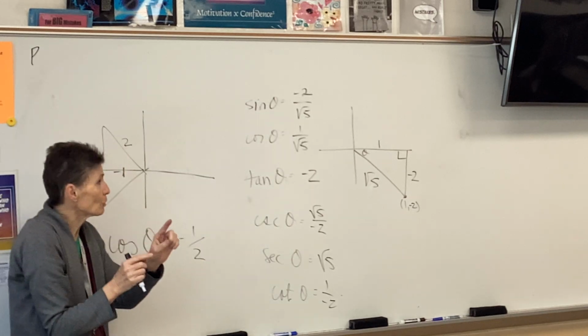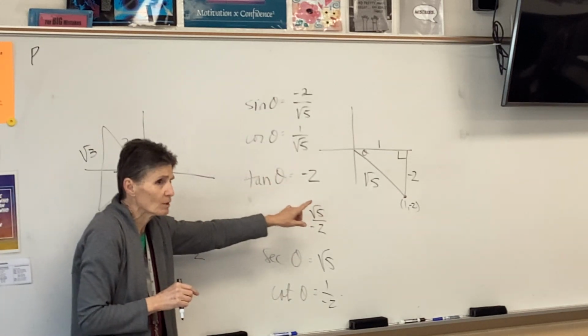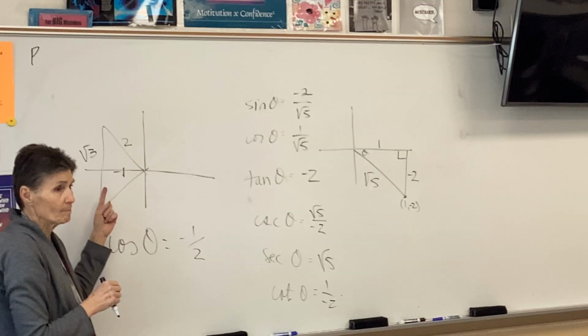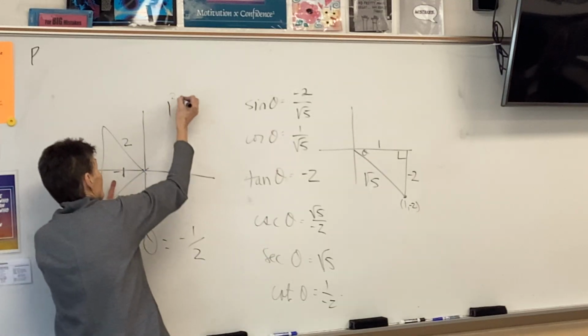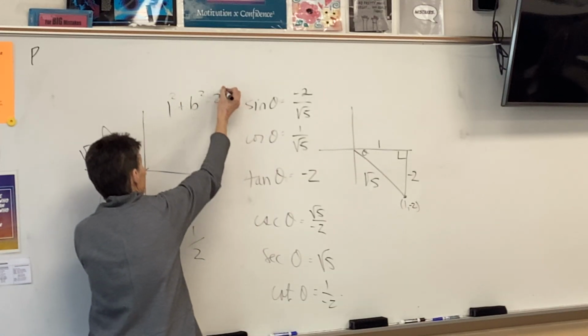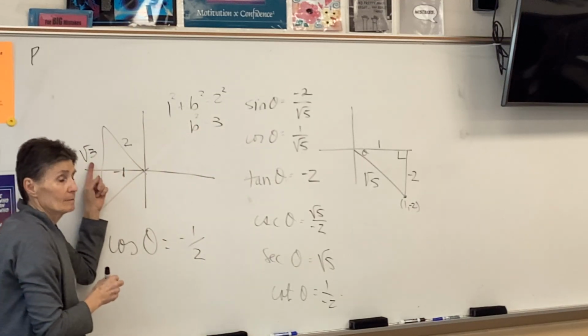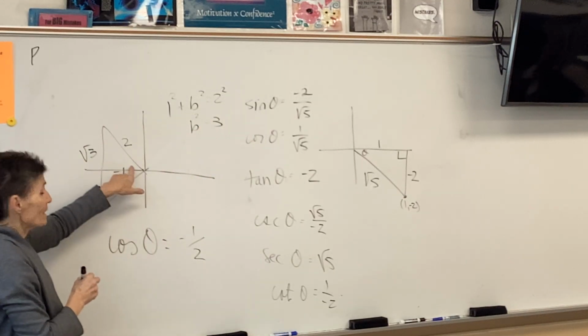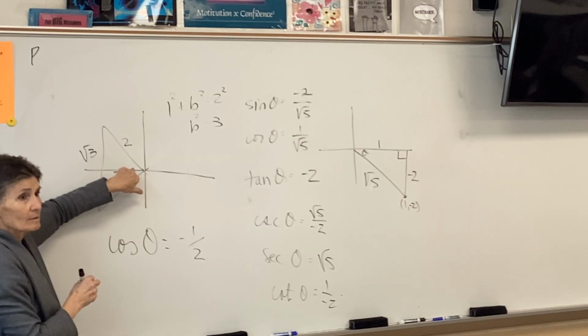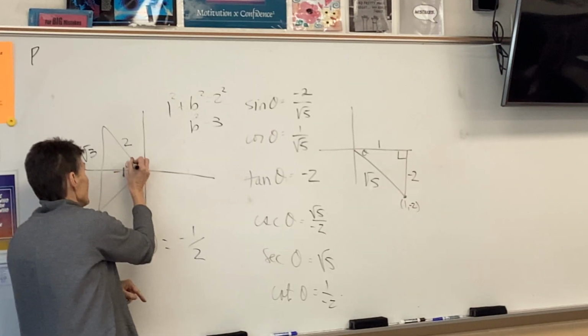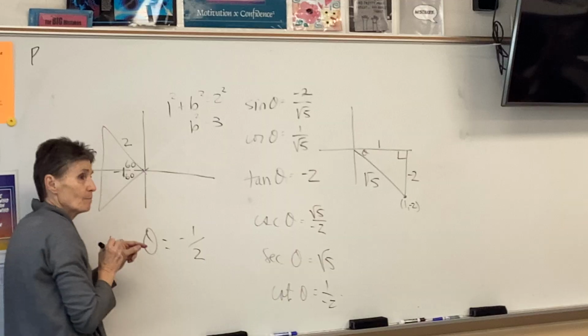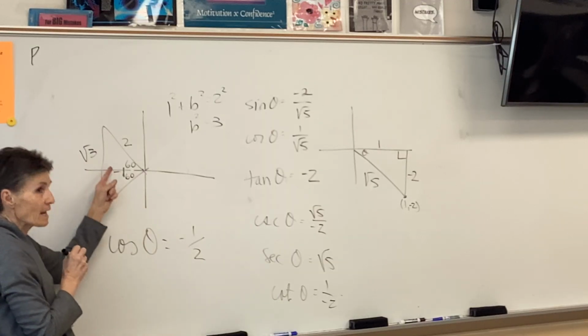If you were unsure about that, do the Pythagorean theorem: 1 squared plus b squared is 2 squared. See how you get root 3? So how big is that angle right there? 60. And so is this one, because the triangles are the same.